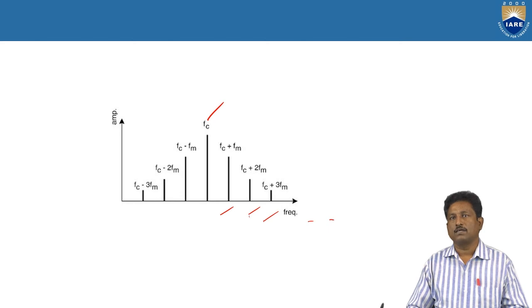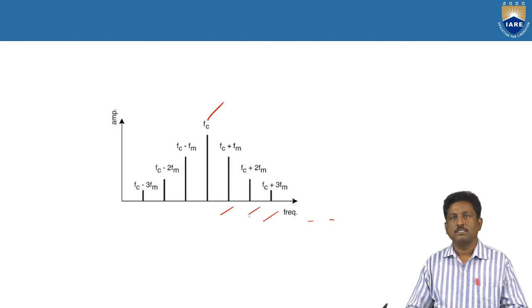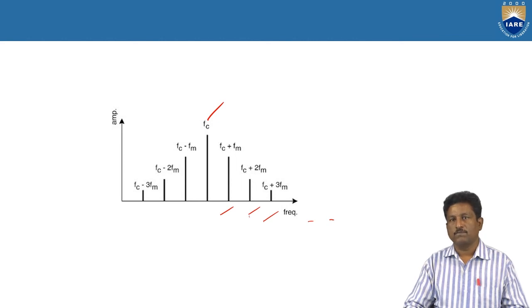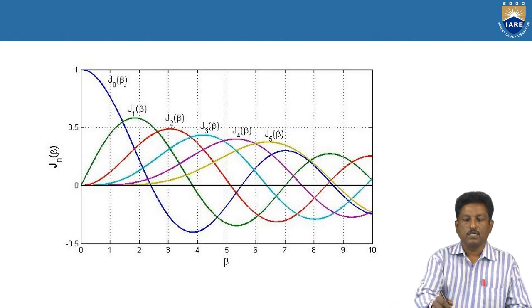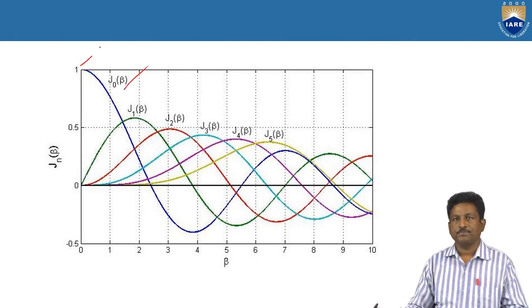Coming to wideband frequency modulation, the beta value is greater than 1, so we get an infinite number of sidebands. These infinite sidebands can be truncated by the strength of the Bessel functions. You can see the Bessel function values. The highest, J0(β), gives the maximum, unity value.